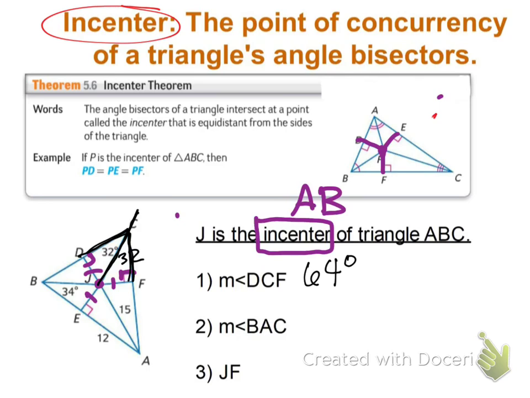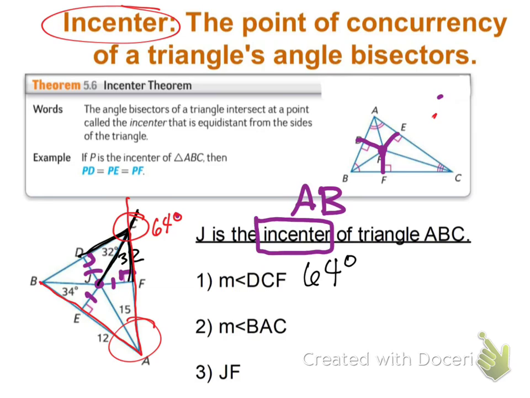The measure of BAC. We don't know either one of those angles right now, but that's okay because we do have a lot of information in this triangle. We just figured out this angle C, that whole thing was 64.